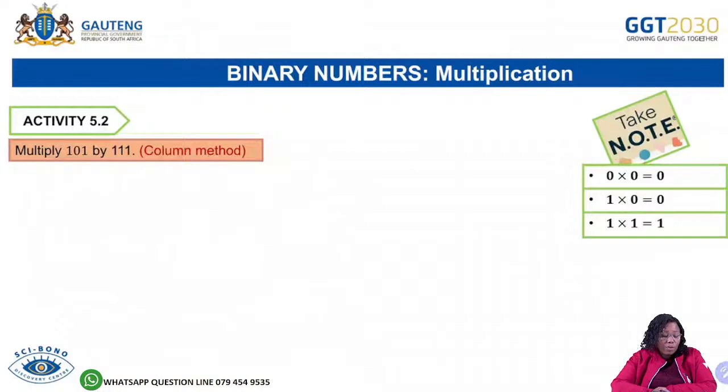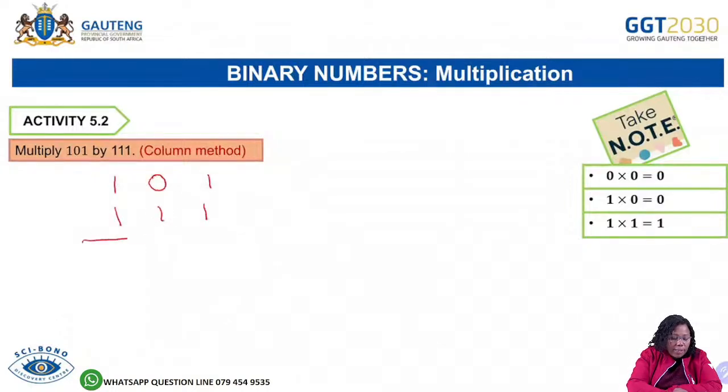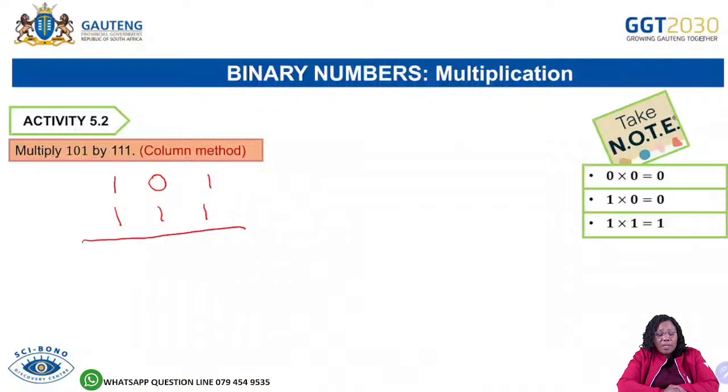There is too much confusion under grouping. There are so many numbers that are coming in. But with the column method now, we are still multiplying 1, 0, 1 with 1, 1, 1. Let's see now. This one is a little bit easier. The rule is saying when you multiply by 1, it will be 1.